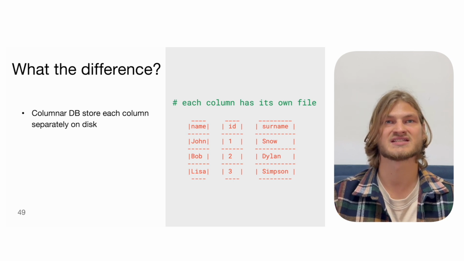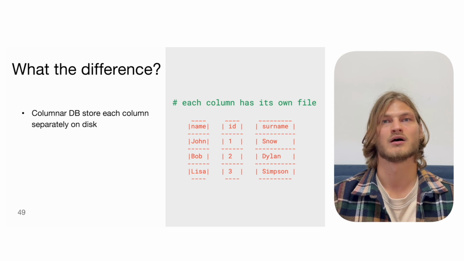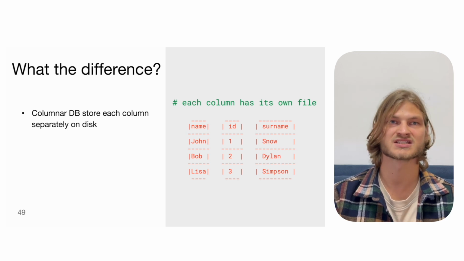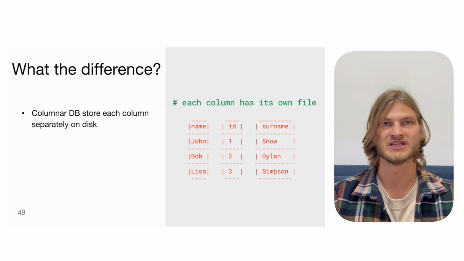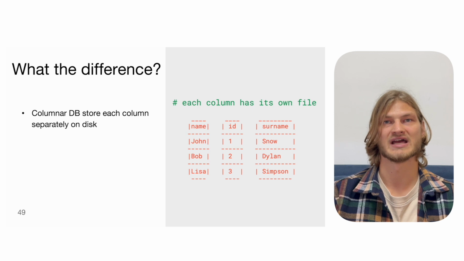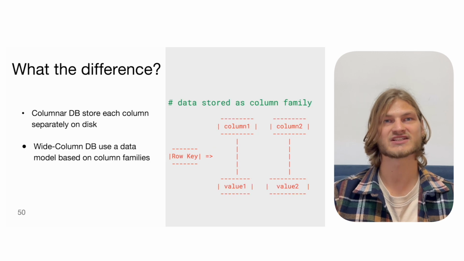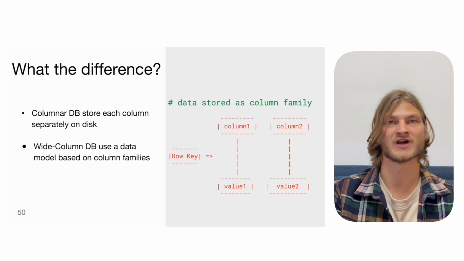The difference is in the way these databases store the data. As for Columnar DB, it stores each column separately on disk. So each column has its own file. As for Wide Column DB, it uses a data model based on column families.